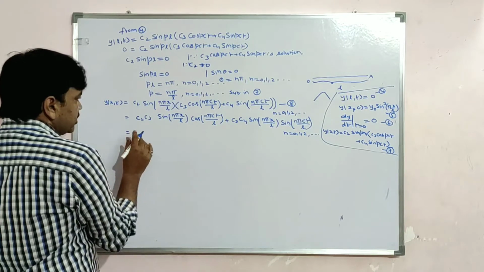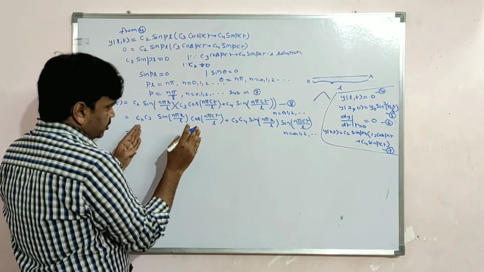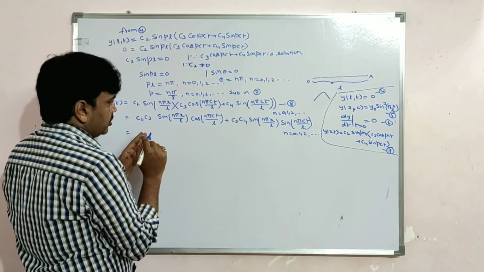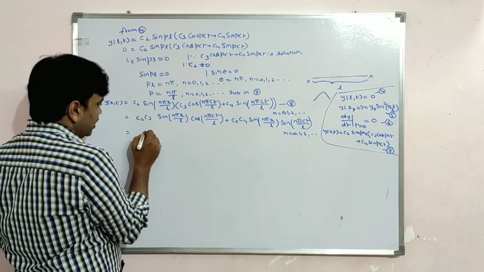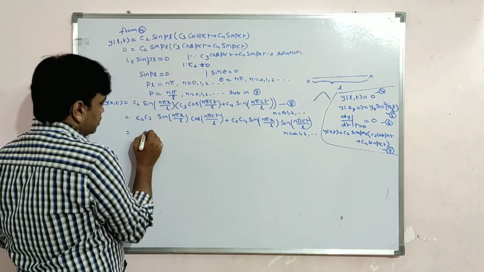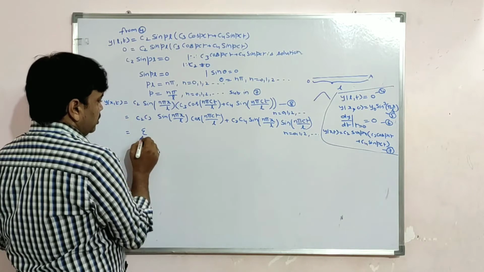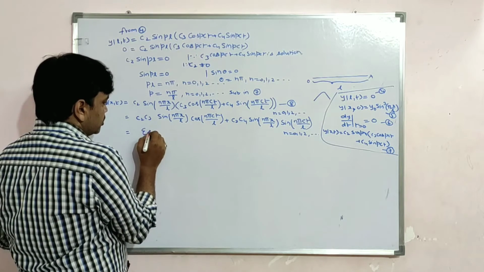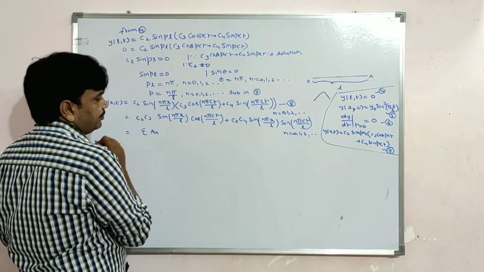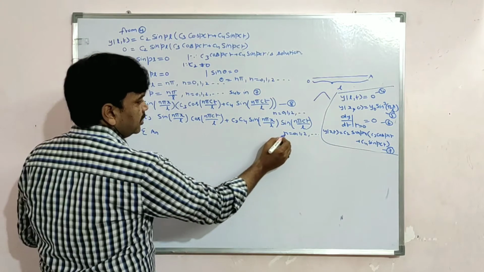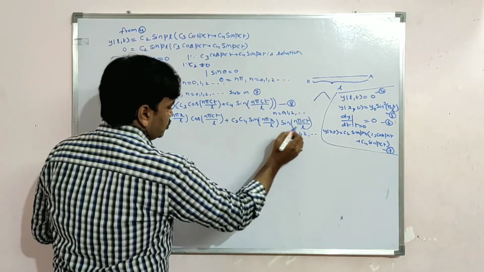Now I want to write this expression in summation form, students. So I want to write here summation. C2 C3, I will take as an, because here n is equal to 0, 1, 2 and so on.